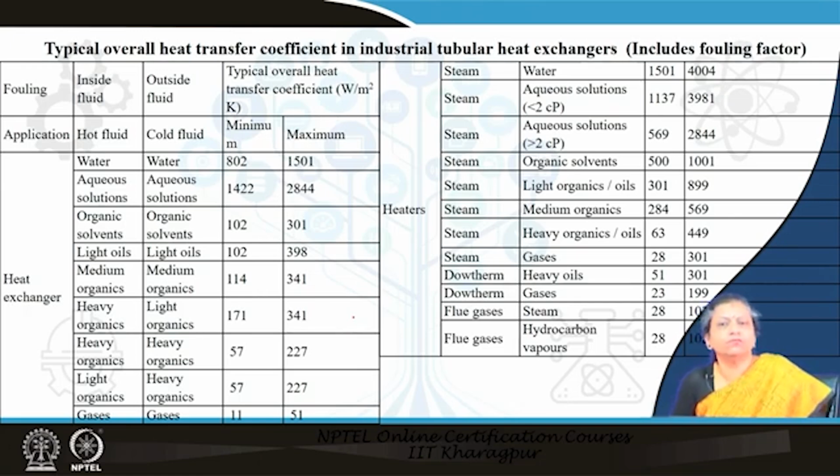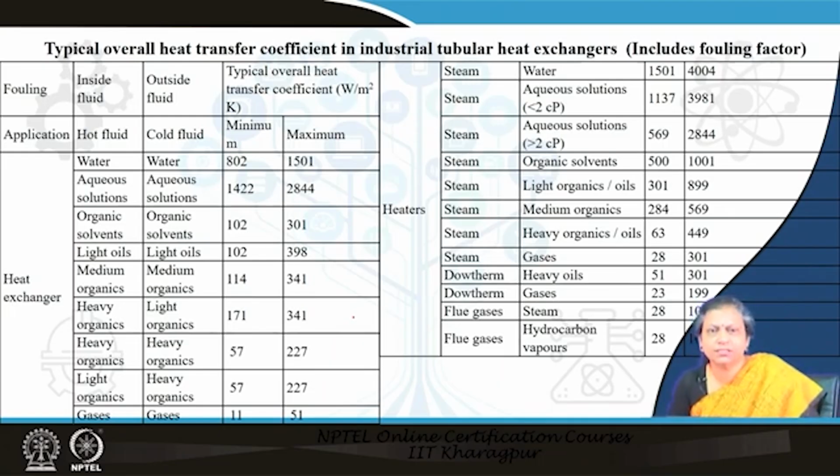On the contrary, we select some dimension of the inner tube as well as the outer tube. We go through the design and we find out the heat transfer coefficient for the shell, for the outer fluid and the inner fluid, and find out the overall heat transfer coefficient. After that, you can just check whether it complies with this particular table or not.